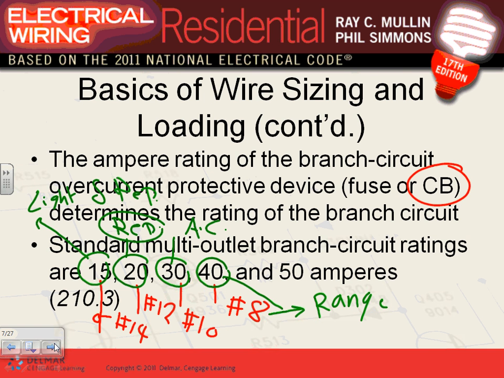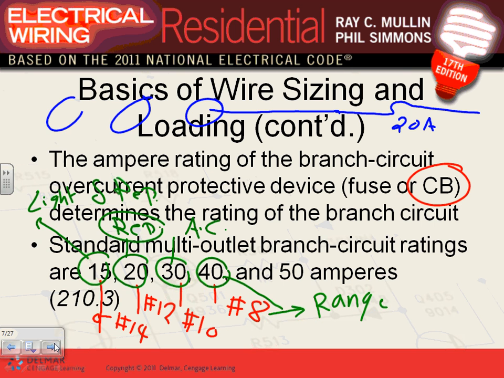So let's take an example. This is a 20 amp, and I'm going all the way to a parking lot light, and I'm feeding all these parking lot lights. This is L, L, L, L. We don't have a parking lot light in this building, but later on you're going to do it. Here's a 20 amp circuit, and because of voltage drop, I'm going to be using number 6 conductor.